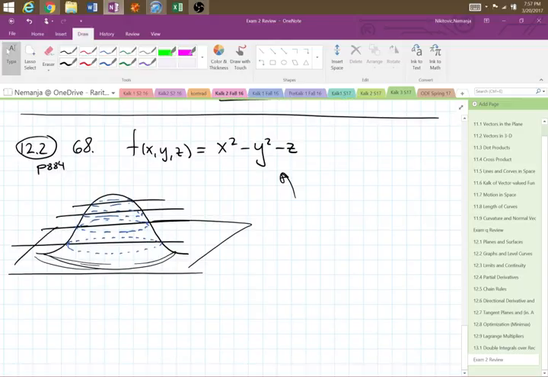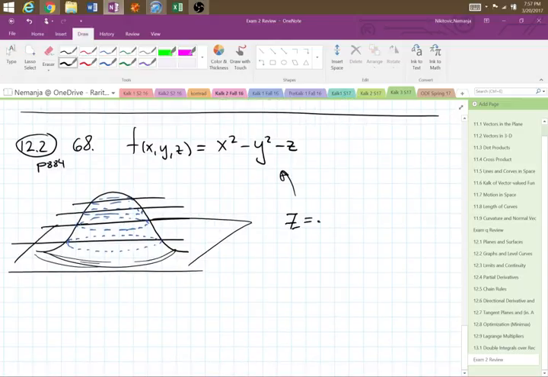So what would I get for z equals 0? For z equals 0, I get f, which is x squared minus y squared. It's a minus, so it's a hyperbola.